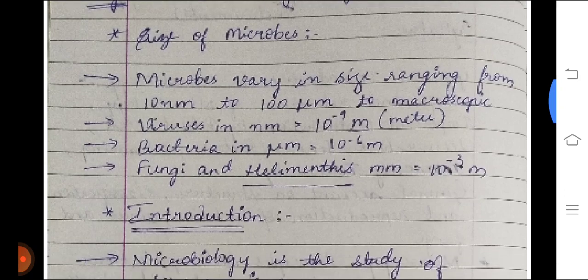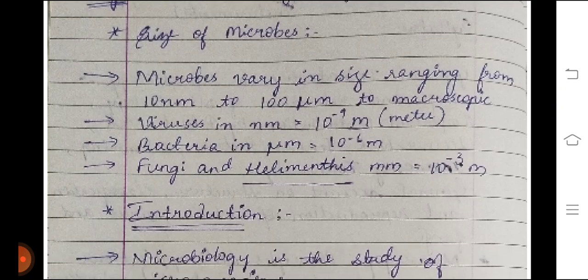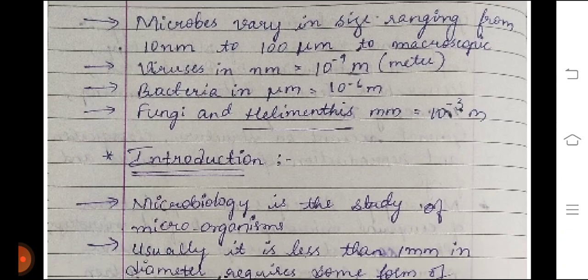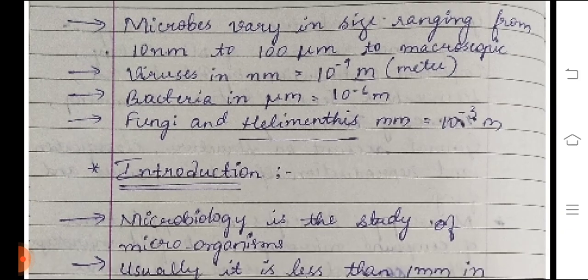So what is the size of these microbes? It varies in size, ranging from 10 nanometers to 100 micrometers to macroscopic.